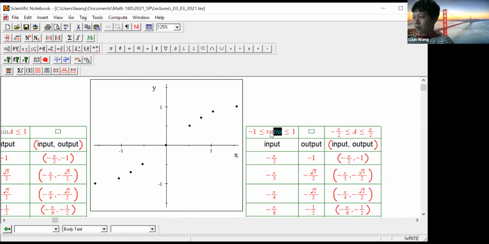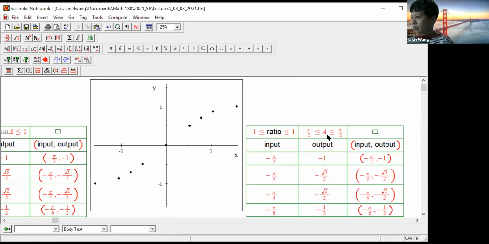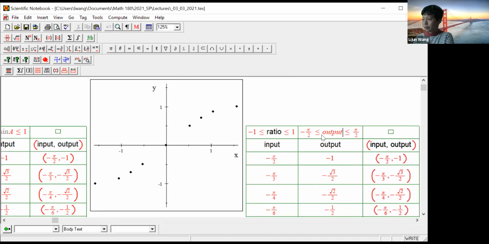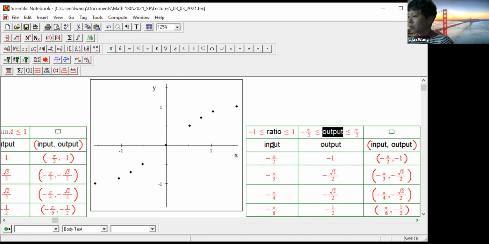Okay, this is going to be the ratio or input, and the other one will be the angle. Output. Okay, that's the output. Output angle.